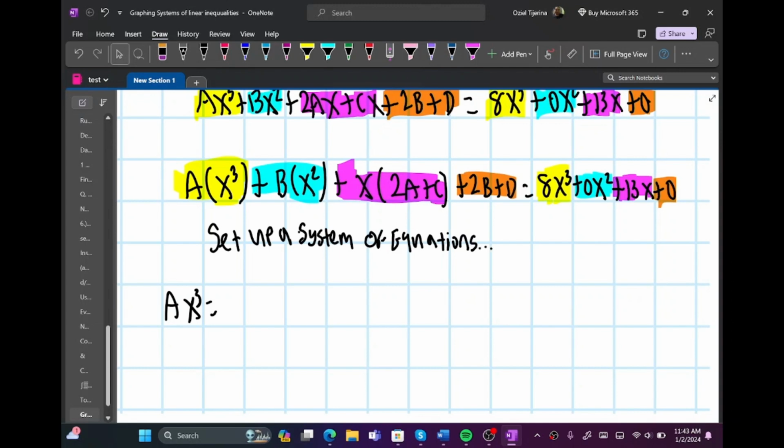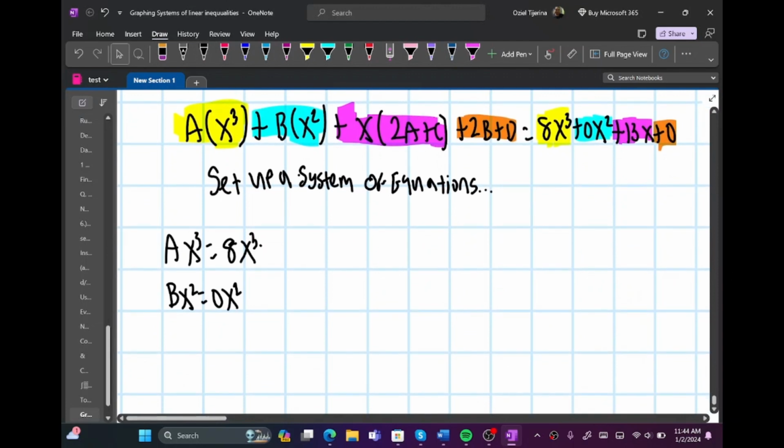So we have ax cubed equals 8x cubed. bx squared equals 0x squared. So just making it equal to every part here. And then x times 2a plus c is equal to 13x.